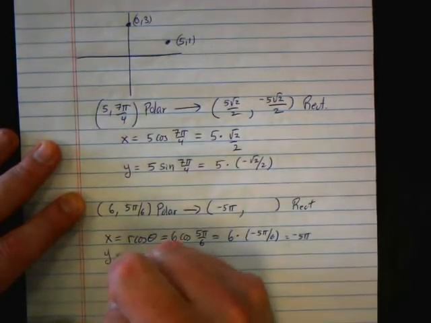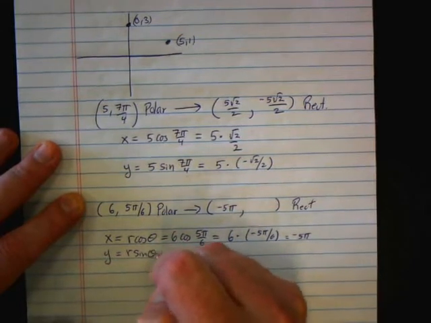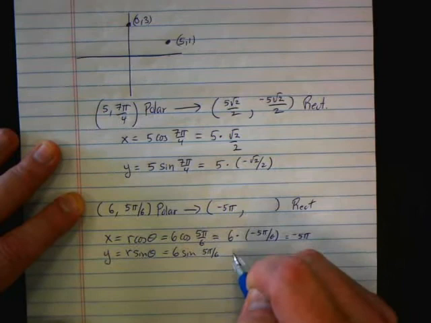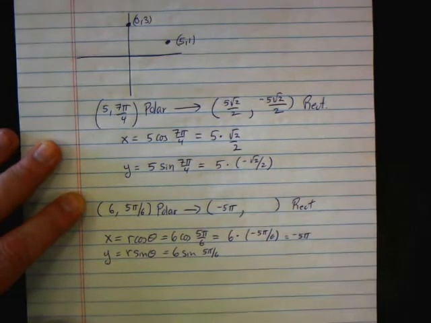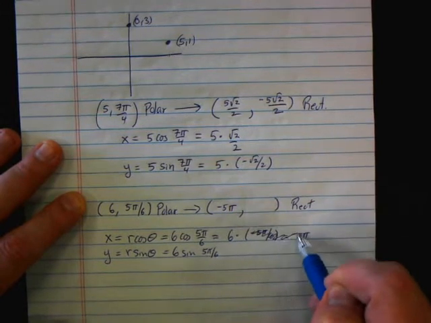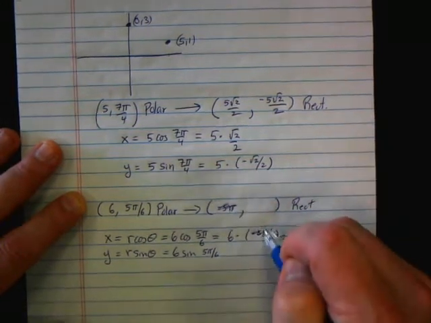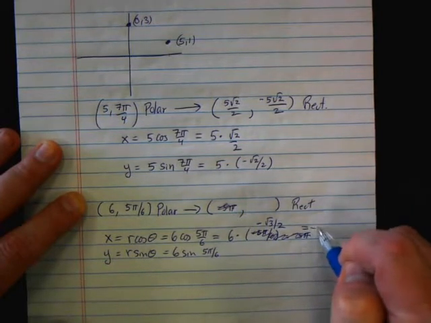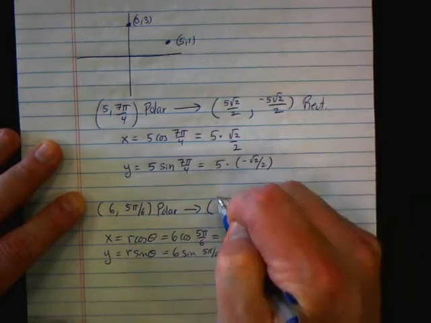And y is r sine theta. That's 6 sine 5 pi over 6. Oh, wait. What did I just write? What did we say it was? Negative square root of 3 over 2? So that's negative 3 square roots of 3.